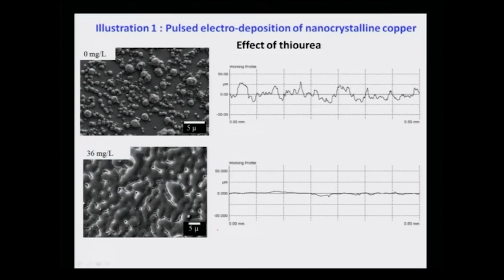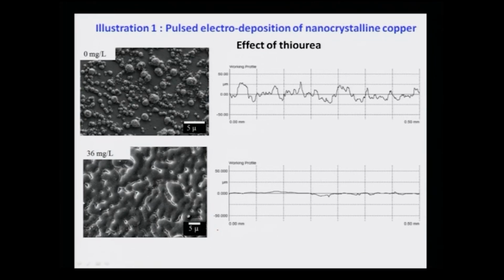The reason for using stainless steel is that it is easy to peel the copper film from the stainless steel substrate. To give an example, how this deposition is done is shown in this case.